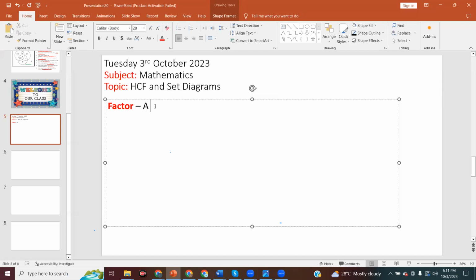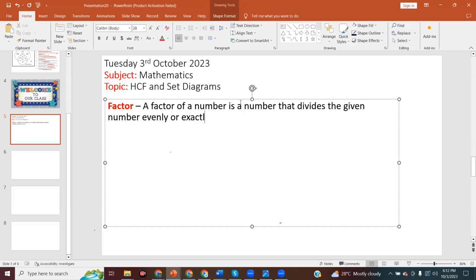So by definition, a factor of a number is a number that divides the given number evenly or exactly. And what does that mean? There is no remainder.